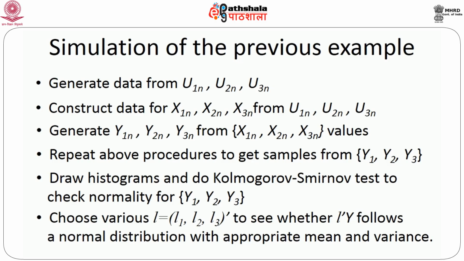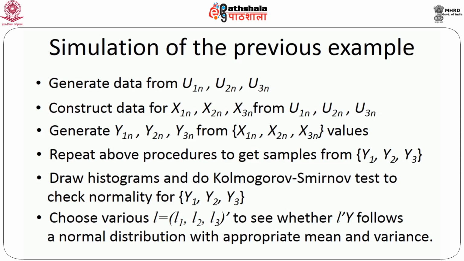Repeat the above procedure to get samples for y1, y2, y3, as y1n, y2n, y3n converge to y1, y2, y3 respectively. That we can immediately obtain by applying the univariate CLT to each of the sequences separately. Now, to ensure that what we are getting is correct, we will draw histograms and also do the Kolmogorov-Smirnov test to check normality for each of y1, y2, y3.